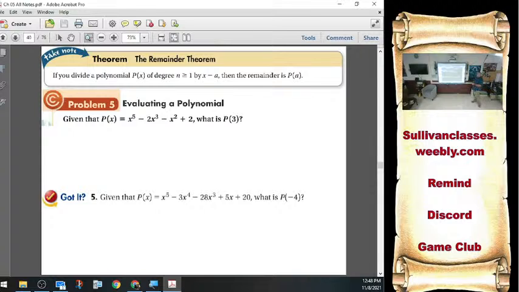So riddle me this. If I do synthetic division with 1 and I get a 0 at the end, I know it's a factor. What would happen if I took the original polynomial and put a 1 in for x?